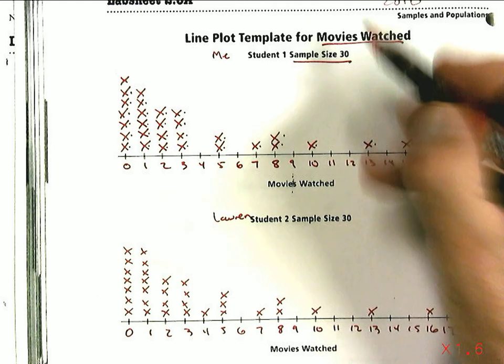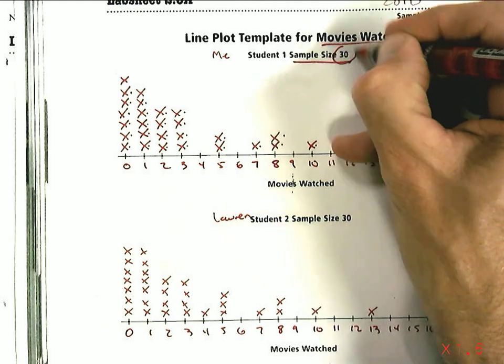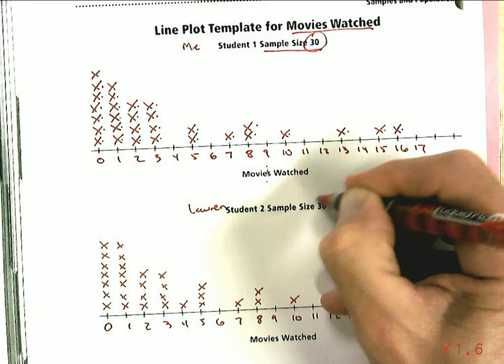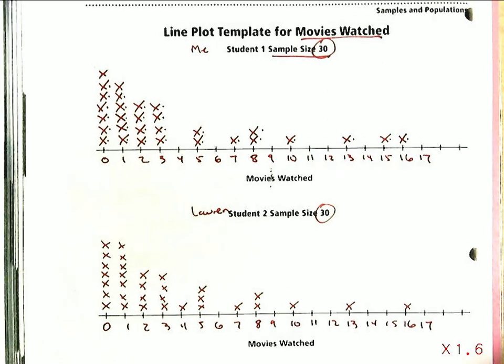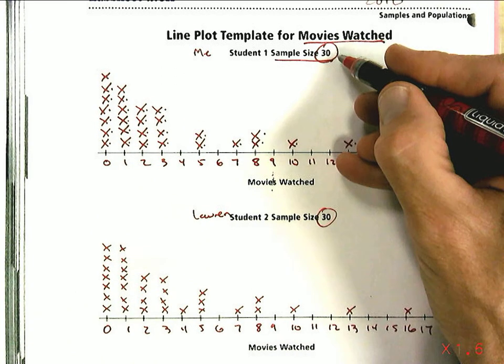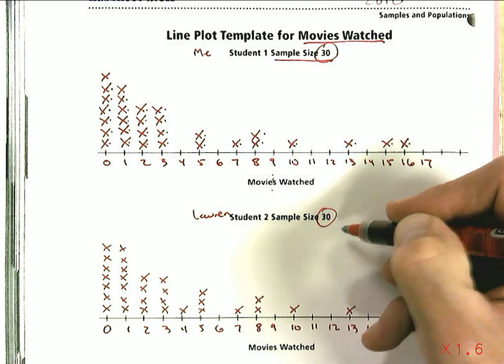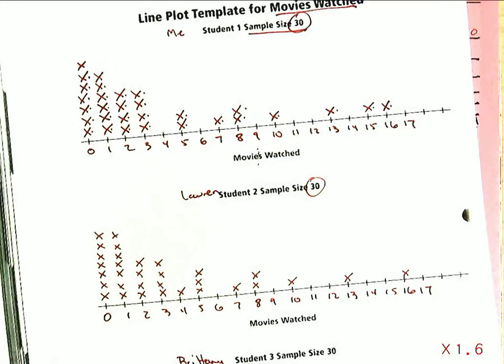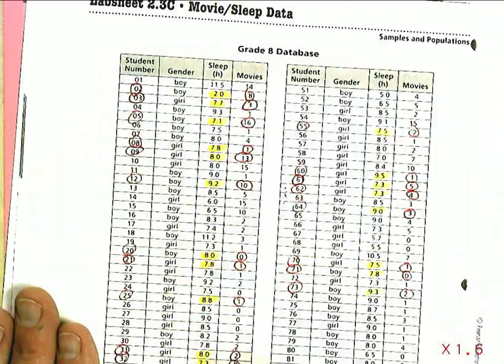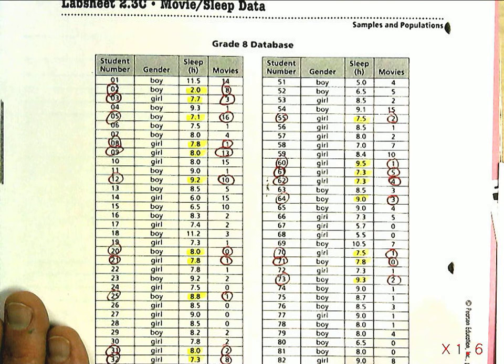So what we really are asking in this investigation is, what's the ideal sample size? Could I have done it with less? Or do I need more than 30 people in my sample size? Because ideally, I don't want to have to take every piece of data and use it.